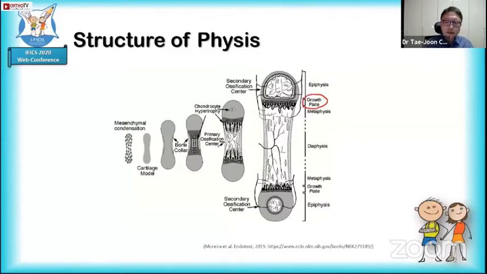Okay. First of all, I'd like to talk about the origin of the growth plate during embryonal development. Long bones are made from a cartilage model, where primary and secondary ossification centers develop and make bone tissue by endochondral ossification. The growth plate is a remaining cartilaginous tissue between the primary and secondary ossification centers, in which endochondral ossification continues until skeletal maturity.